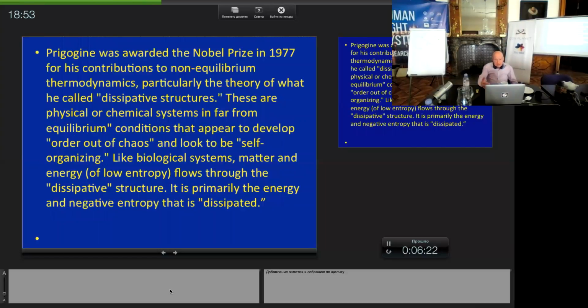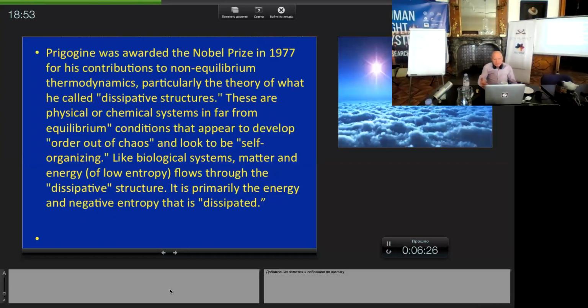of the paradoxes. So Prigozhin was awarded the Nobel Prize in 1977 for his contribution to non-equilibrium thermodynamics and the theory of dissipative structures. Those are structures that are far from the equilibrium state. And he demonstrated that in this condition, structures can self-organize.